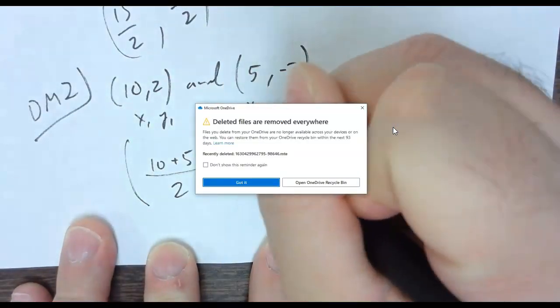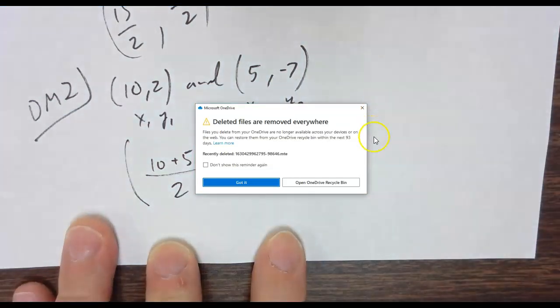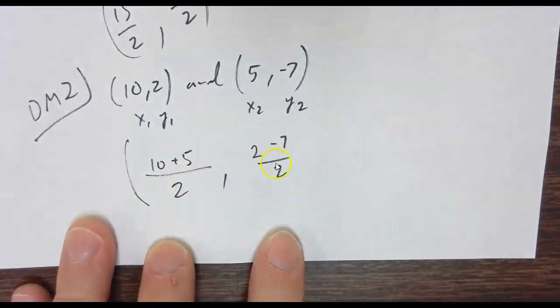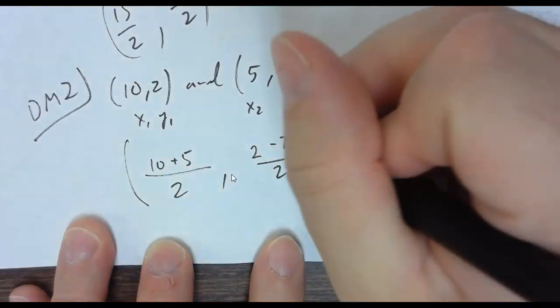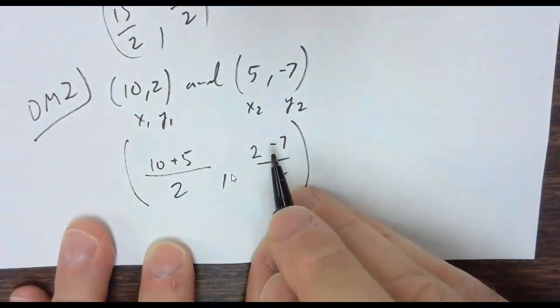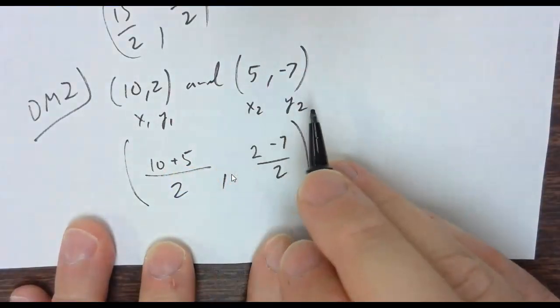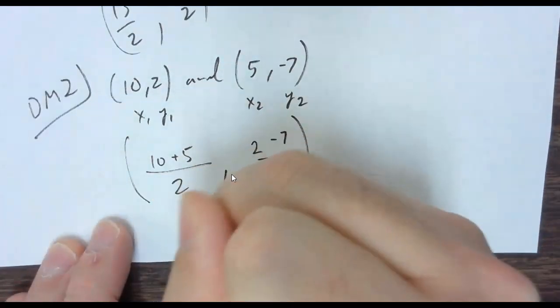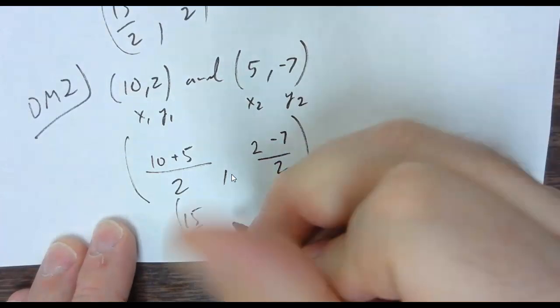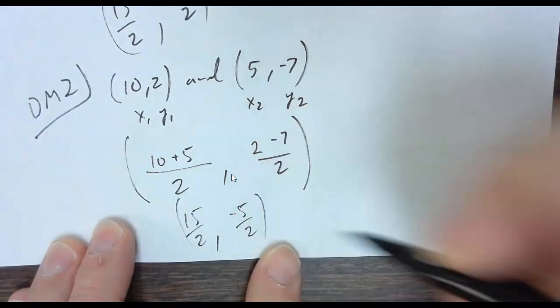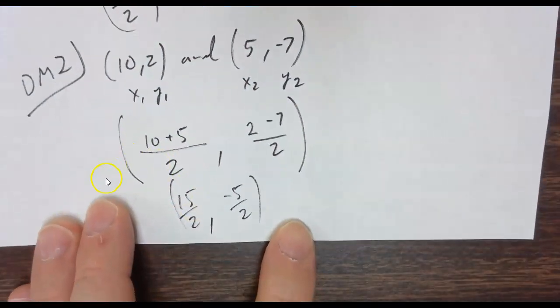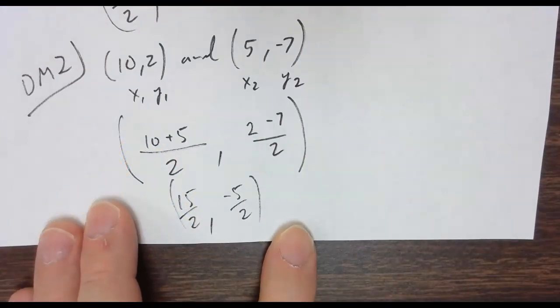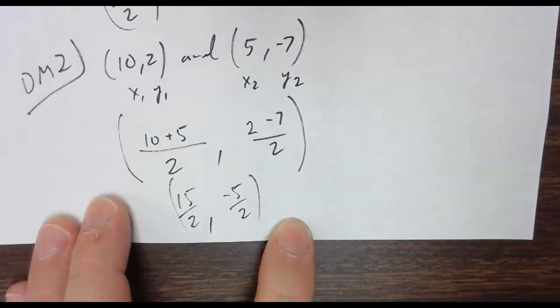So you could just do 2 minus 7. Don't be using two signs. Plus -7 kind of messes people up. So try your best. That is 15 over 2. And that is -5 over 2. Those don't simplify. Most of them do, but let's try to put that on Delta Math again.